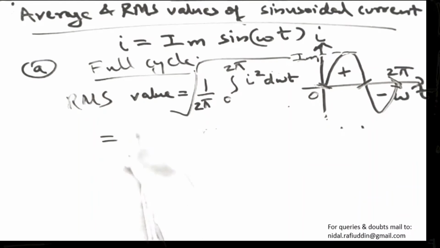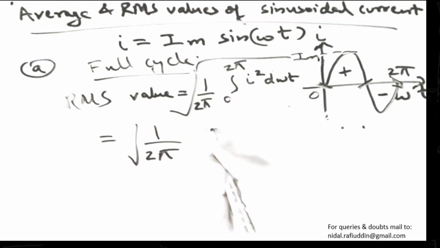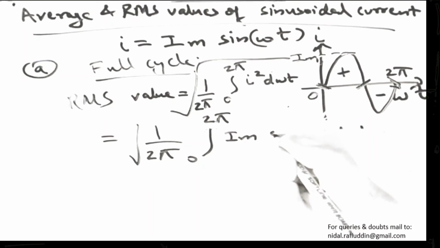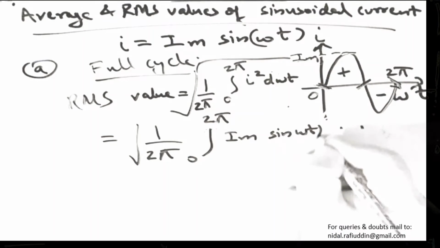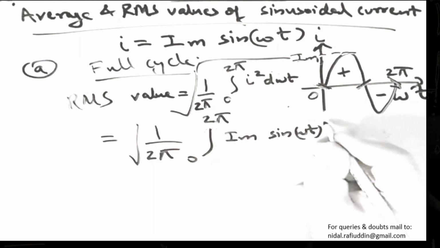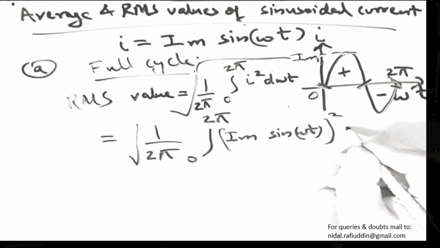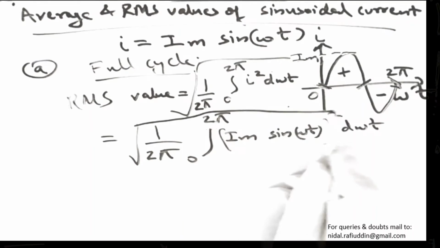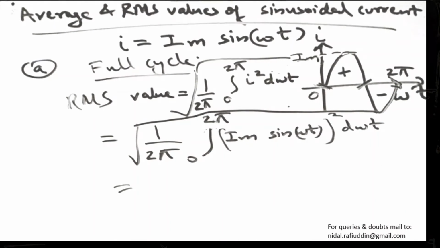And RMS value can further be written as 1 upon 2 pi, 0 to 2 pi, Im sine omega t square d omega t. So we take Im out, so we are left with Im divided by root 2 pi.